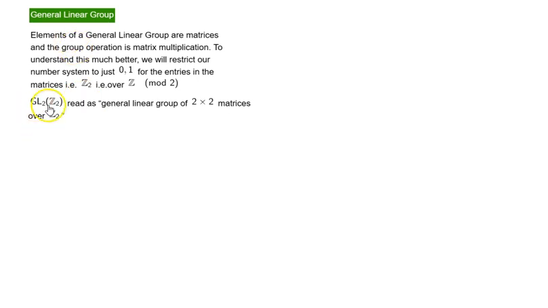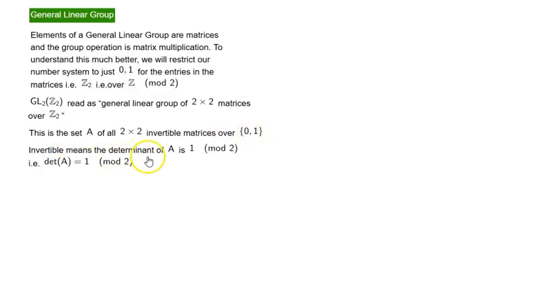This general linear group is written like this: GL sub 2 of Z2, read as general linear group of 2 by 2 matrices over Z2. So this is the set A of all 2 by 2 invertible matrices over 0, 1.